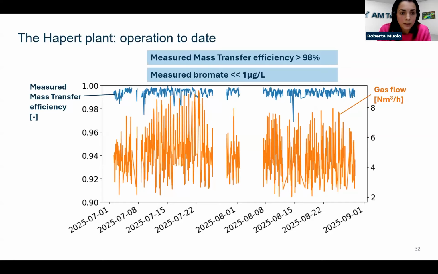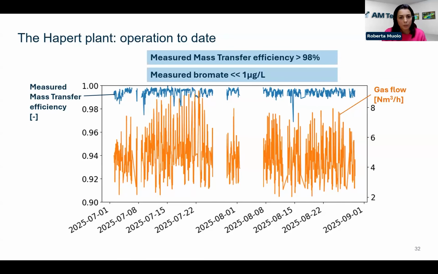And as you can see here, now we are monitoring from 3 months of data, and the mass transfer efficiency is above 98%, as well as the bromate formation during this continuous operational period was below 1 microgram per liter, which is the target for the Dommel.